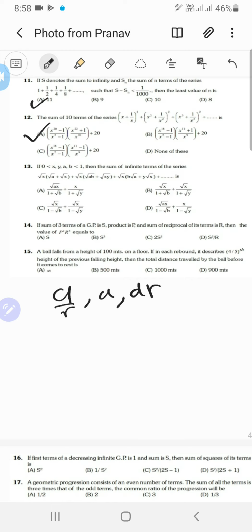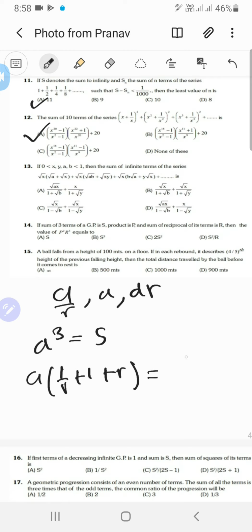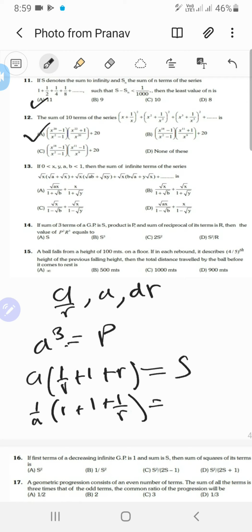The product is P, so A cubed is equal to P. The sum is S, so A times 1 by r plus 1 plus r is S. The sum of reciprocals is R, which is going to be 1 upon A into r plus 1 by r, equal to R. So what is P squared times R cubed?